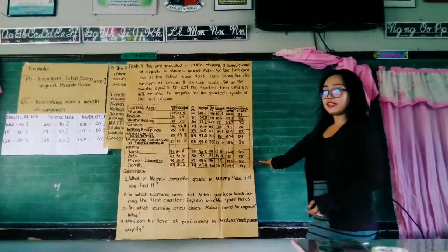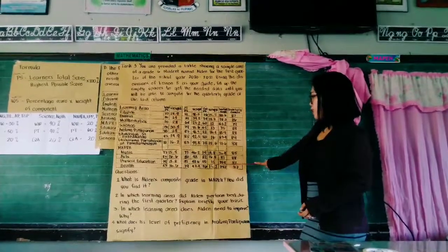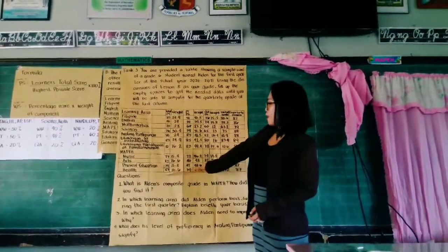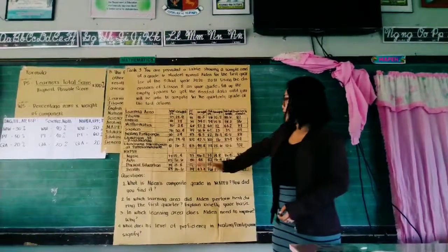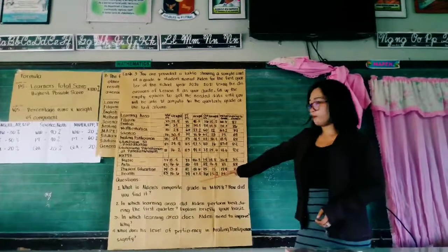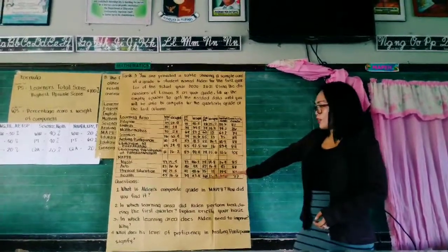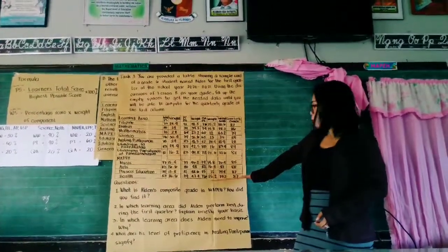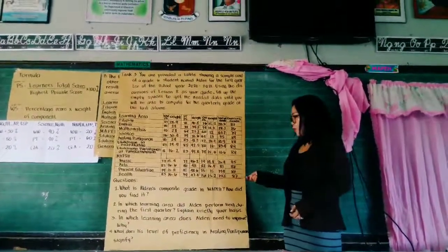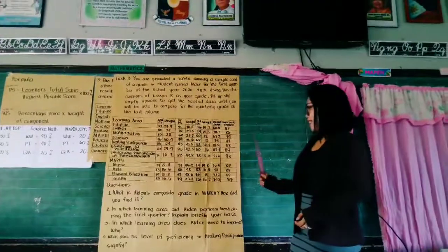The total is 79.4. And the transmuted grade for 79.4 is 87. 83 times 20% equals 16.6. 79 times 60% equals 47.4. 76 times 20% equals 15.2. And the total is 79.2. The transmuted grade for 79.2 is 87.